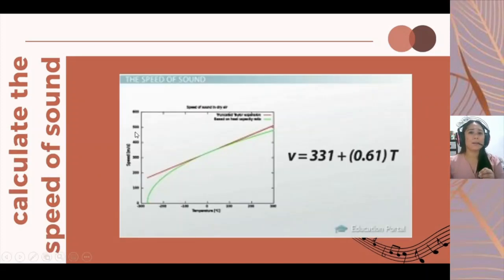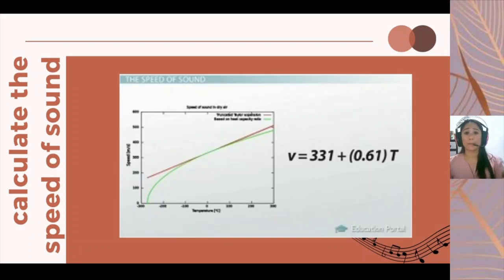So, para ma-determine natin kung gaano kabilis na nagtatravel yung sound, ika-calculate natin siya gamit itong formula na to. So, we have the calculation of speed of sound. Katulad ng nabanggit ko sa inyo kanina, ang formula natin ay speed of sound is equal to frequency times the wavelength.